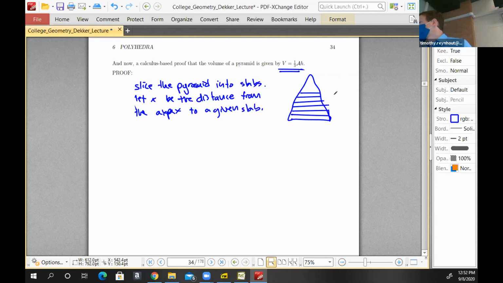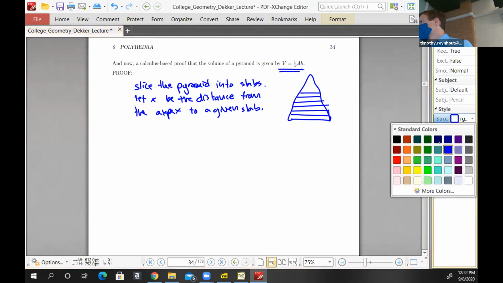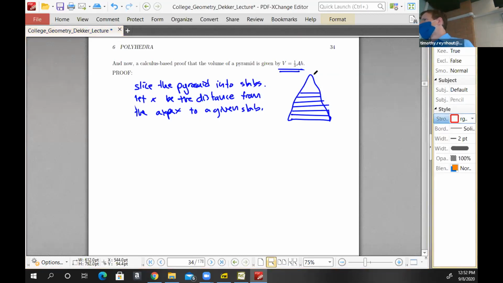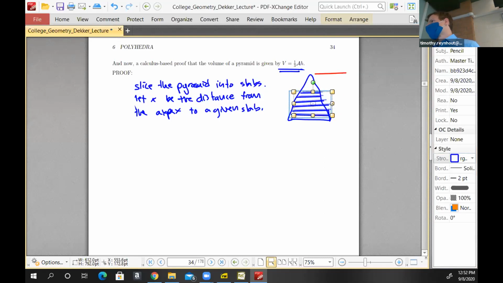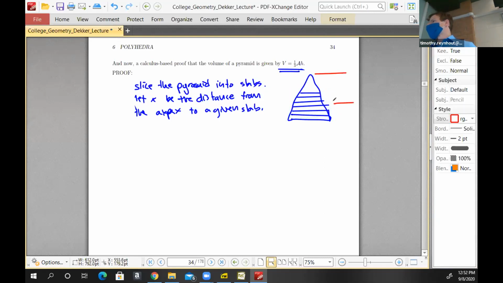Of course, the apex is the top of the pyramid, and if we choose a random slab, this distance would be x.